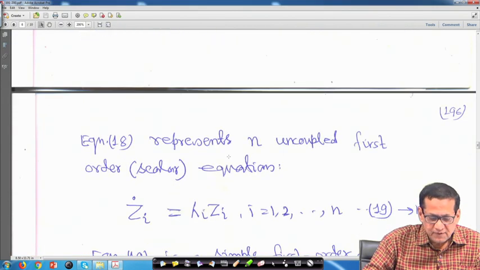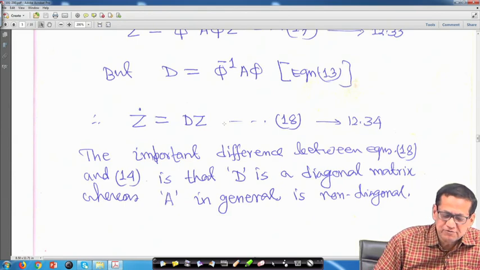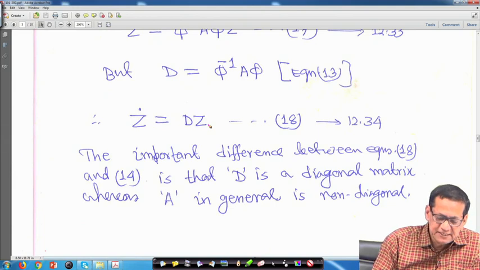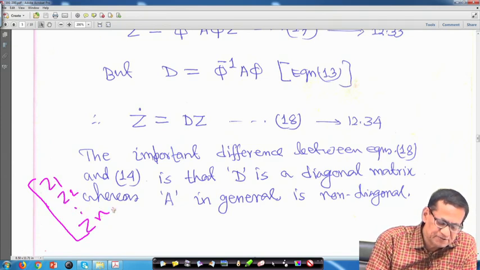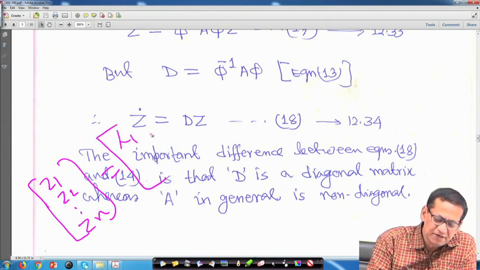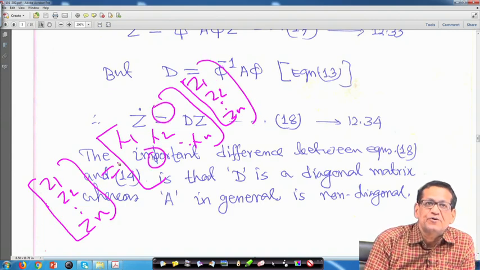Now, equation 18 actually represents n uncoupled first order, that is scalar, equations. If you look at this equation z dot is equal to D z, in general, say z 1, z 2 up to z n, suppose the matrix is n into n, this D is actually a diagonal matrix lambda 1, lambda 2, lambda n, multiplying z 1, z 2 up to z n, and all other elements are 0.